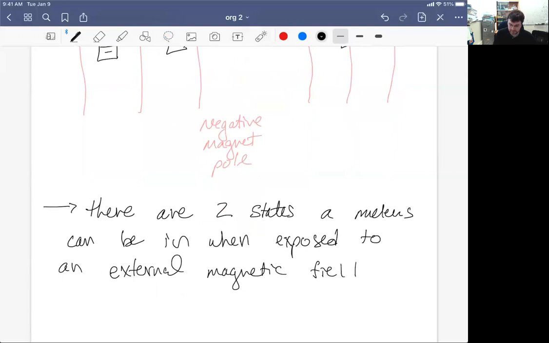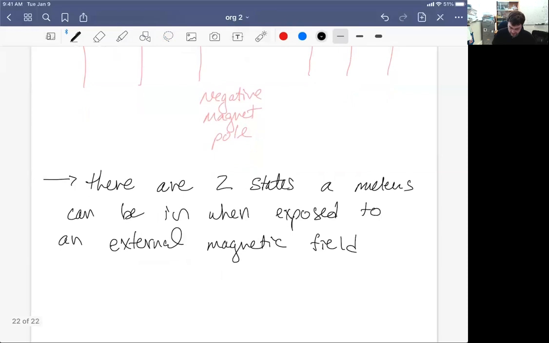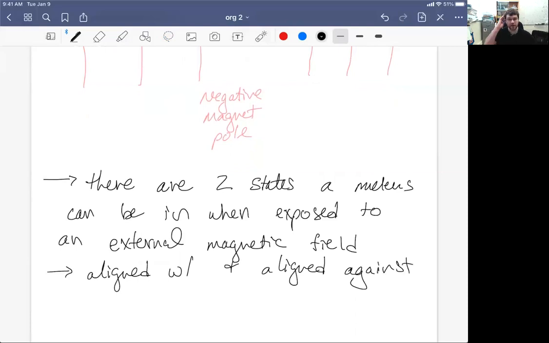Okay, we put everything in the presence of the magnetic field. They all align vertically, but there's now two states. The two states are aligned with and aligned against, depending upon the position of the various magnetic poles in our external magnet.